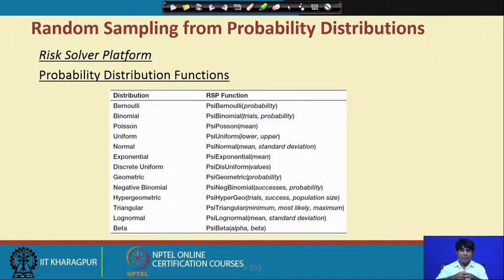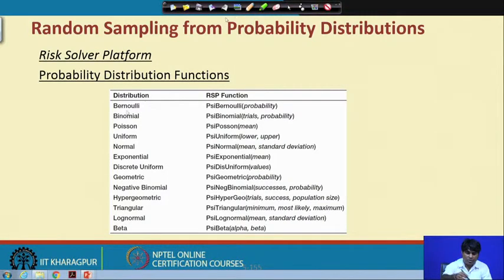In the statistical or econometric world, the following distributions are very common: starting with the Bernoulli distribution, binomial, Poisson, uniform, normal, exponential, and discrete uniform, geometric, then negative binomial, hypergeometric, triangular, log normal, and beta. These are all actually Excel commands, and every distribution has parameters and then the choice of the random variable x.